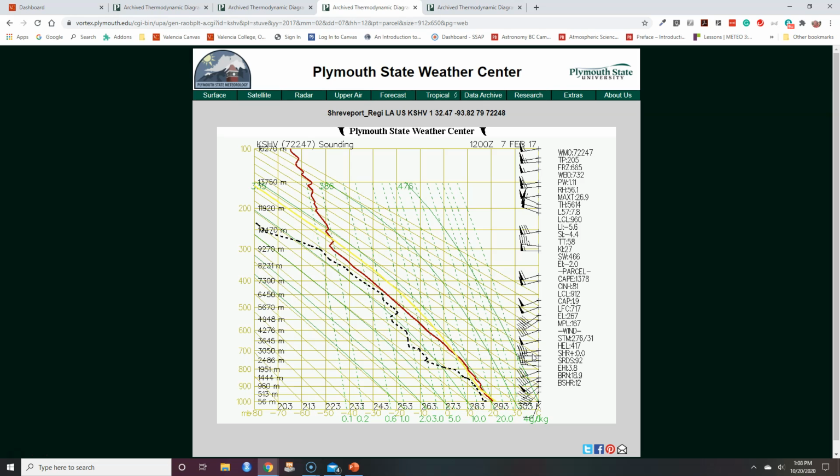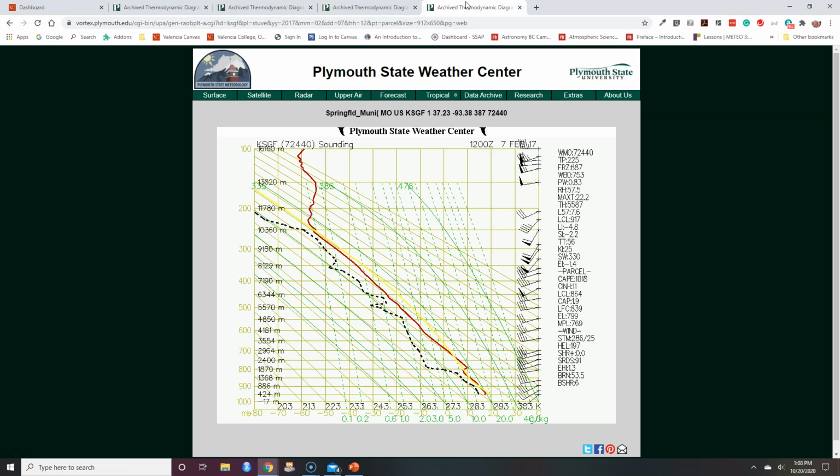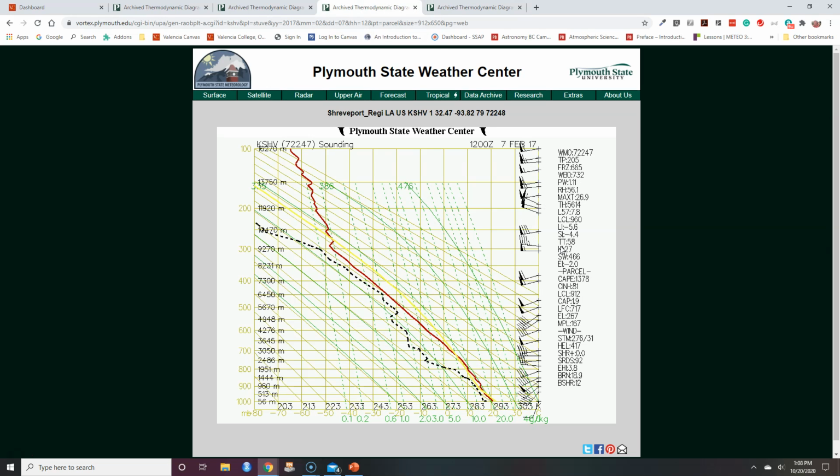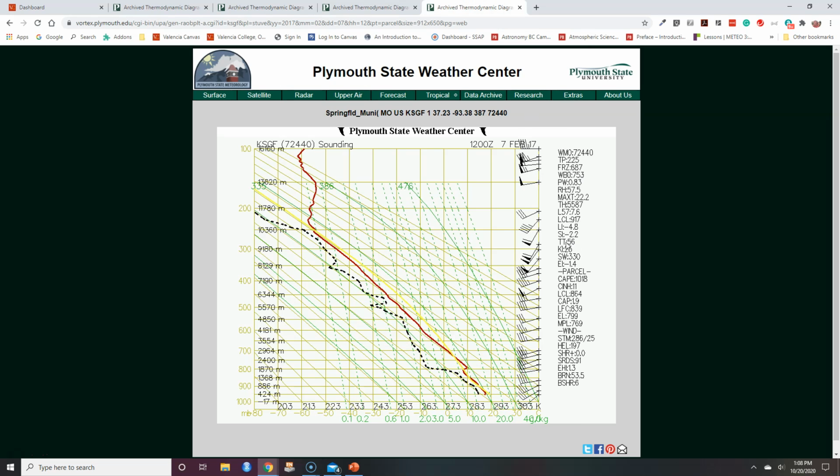Now, whenever you start looking at this, let's see what we got here. Another way you can do it is look at the measurements on the side, in case you didn't know that. There's your totals. Your totals in Shreveport is 58. Your totals in Springfield is 56.